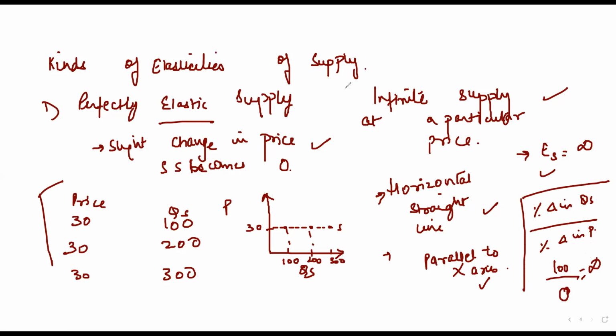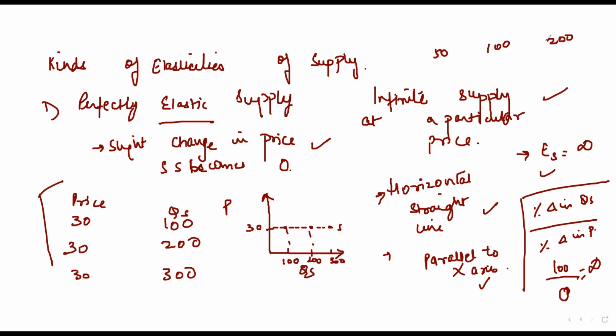This is definitely a hypothetical situation, an imaginary kind of situation, because at the same price, normally a supplier will not supply a higher quantity unless he has an incentive of earning profits. For example, some students were saying that in COVID, let us say, the price of the mask was 50 and initially the supply was 100 and then it was 200 because the demand was such and the situation was of a pandemic.